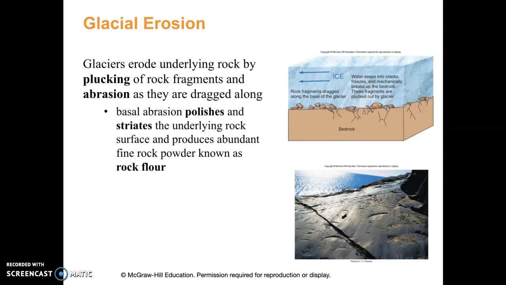So you can tell the direction of the movement of the glacier, and this will produce a rock flour, a glacial flour, which is a very, very fine, powdery sediment that helps to polish that surface, just like a polishing compound when you're polishing your car or some other thing that you might polish.